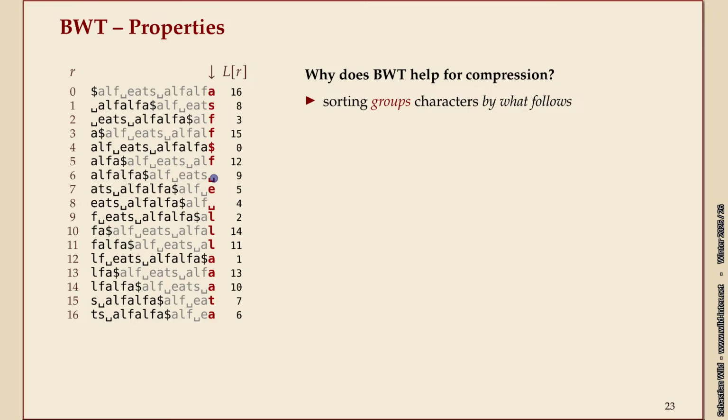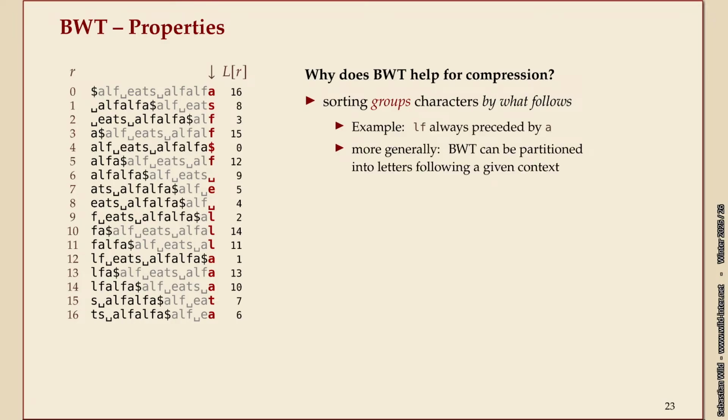Specifically, the character here in the last column is whatever precedes these characters. And so we have the example with LF. If you look at the suffixes that start with LF, these three, all of the occurrences of LF in our original text were preceded by an A, because it was Alf eats alfalfa.